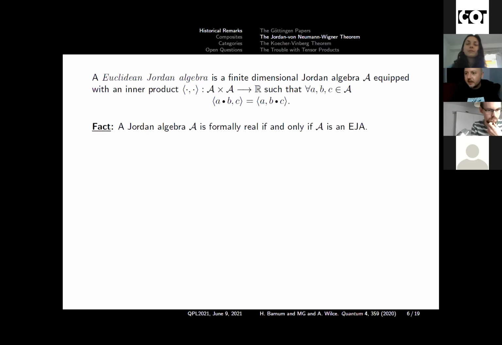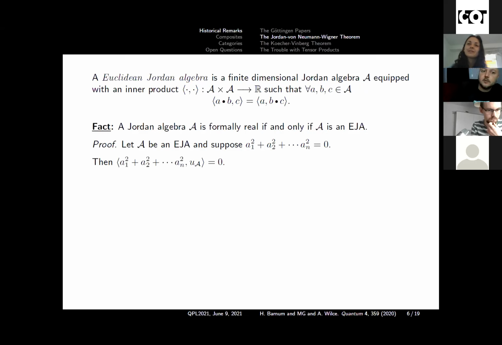So here's a fact. I haven't seen it in the literature, probably because it's too trivial. The proof is really easy. Let A be a Euclidean Jordan algebra, and suppose that we've got a sum of squares equal to 0. We have to prove that they're each 0. By linearity of the inner product, you can show that the inner product between that sum and the unit has to be 0.